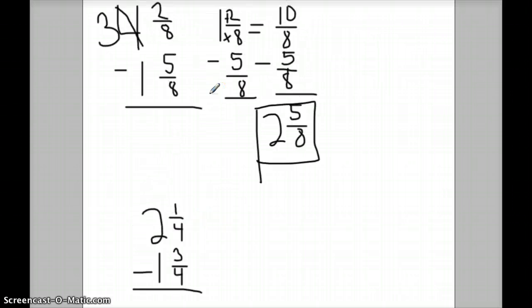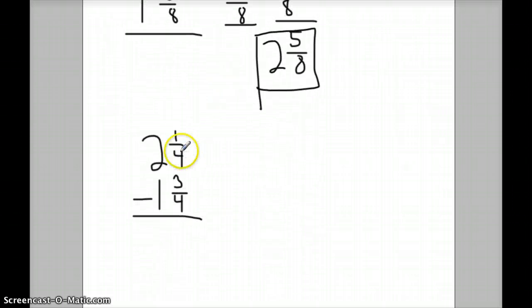So I'm going to do just what I did up here. I notice that I cannot subtract 3/4 from 1/4 looking at my fractions. So I automatically know I have to take a whole number from my whole number. I'm going to bring that whole number over here, 1 and 1/4, and I'm going to subtract 3/4 from that.